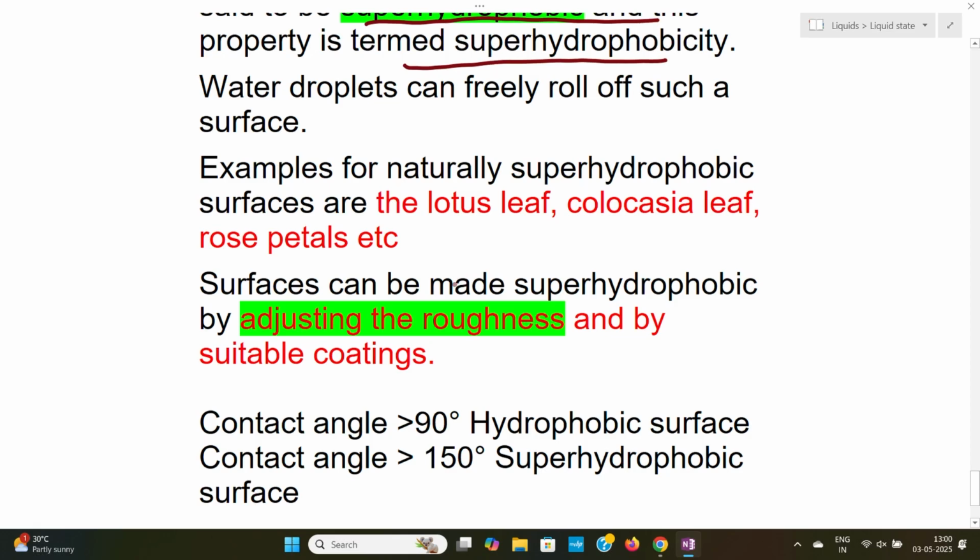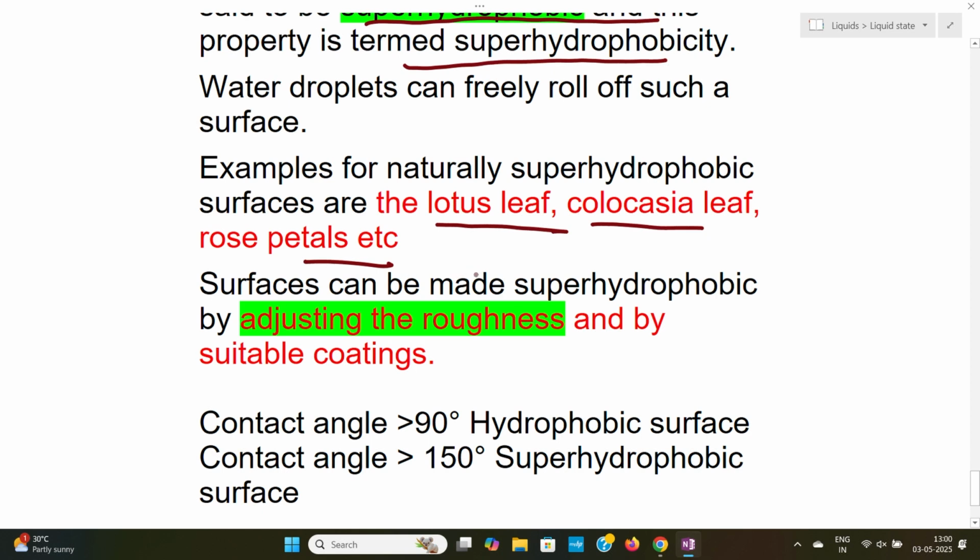We have natural examples for superhydrophobicity. They are the lotus leaf, colocasia leaf, and rose petals. If water is on a lotus leaf, it will remain as a droplet. It can freely roll off in the lotus leaf, colocasia leaf, and rose petals.